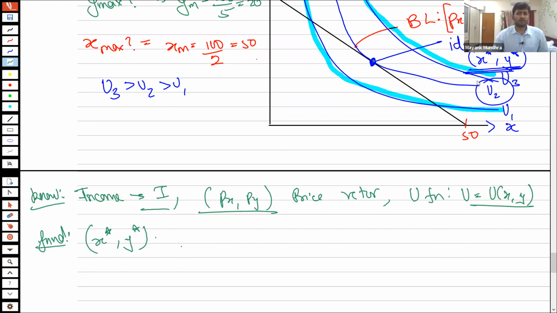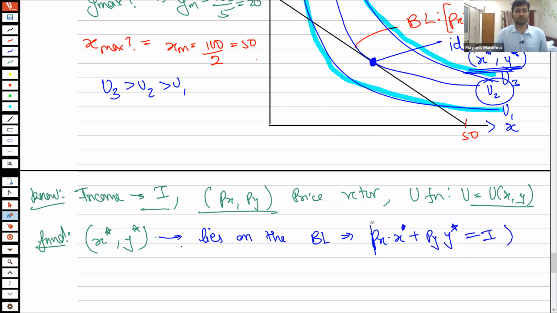Now, how do I find x star comma y star? In order to find x star comma y star, I need two equations, so I need two properties about x star y star. Property one is that x star y star lies on the budget line, which implies that Px times x star plus Py times y star must be equal to I. X star y star lies on the budget line means it satisfies the equation for the budget line.